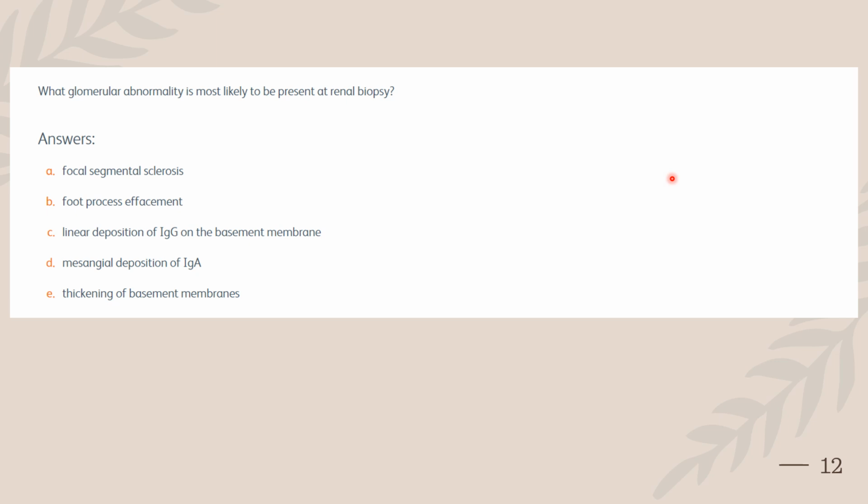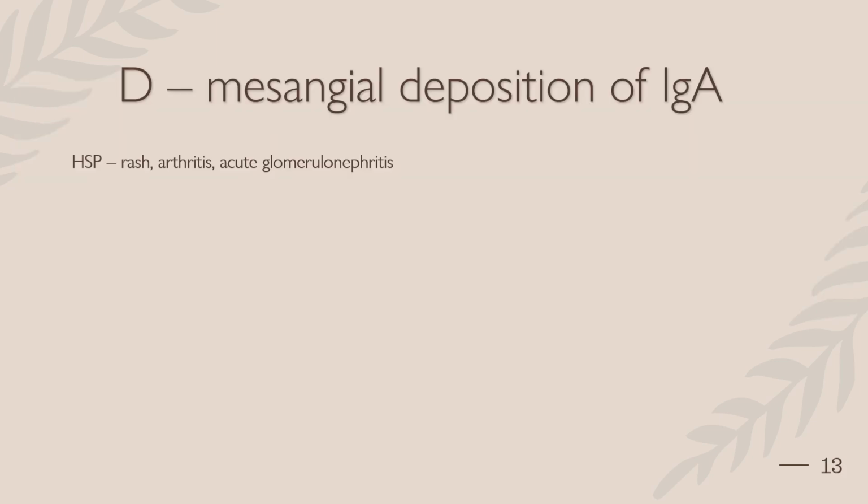Linear deposition of IgG is classical of Goodpasture syndrome, where there is also pulmonary involvement, which is not mentioned in the question. Thickening of basement membrane is classical of membranous nephropathy, which can happen when there is an underlying malignancy. So here it is classical of mesangial deposition of IgA, or IgA nephropathy.